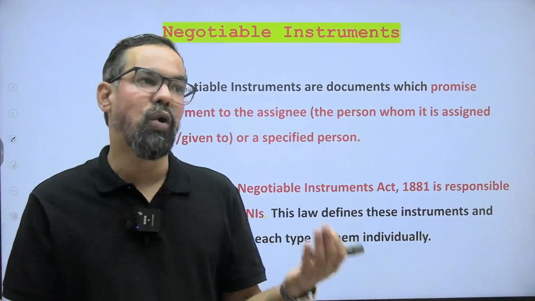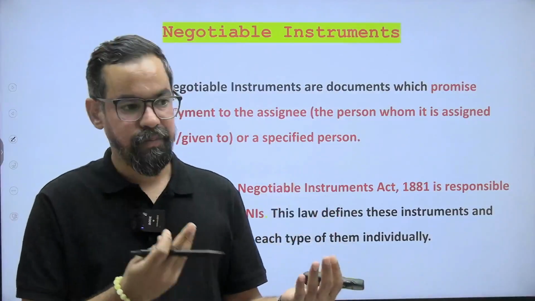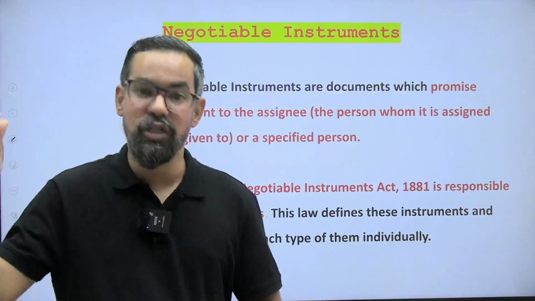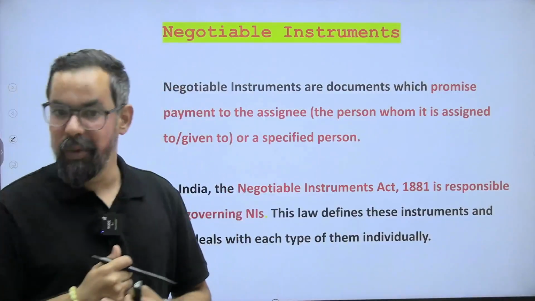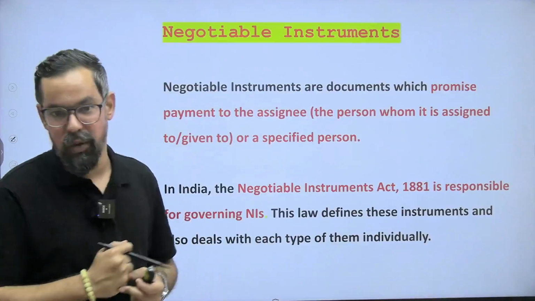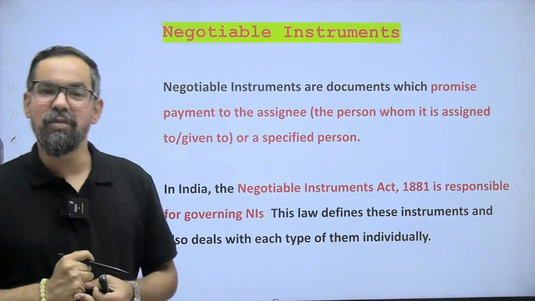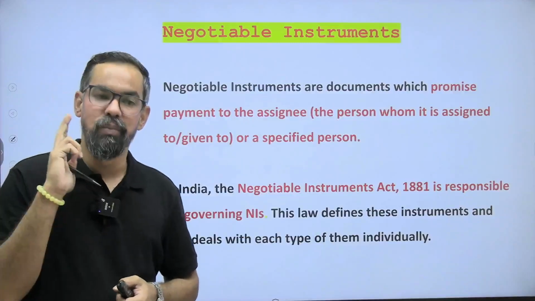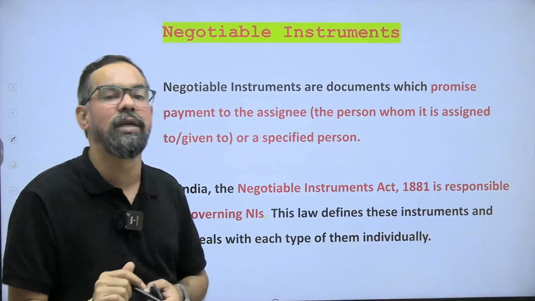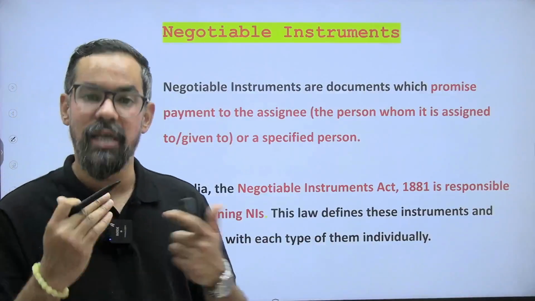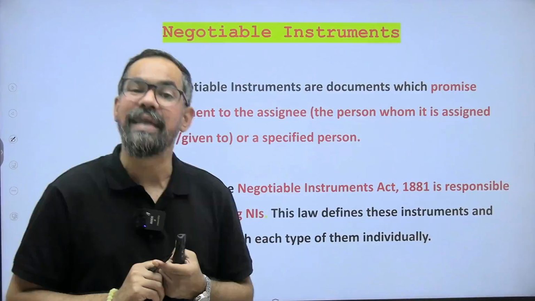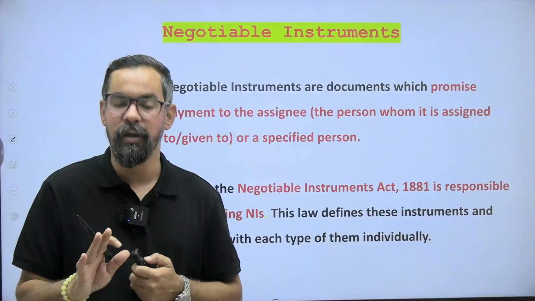Either you can go with online payments or cash, or if that payment is at a future date, you can do that particular transaction by using these negotiable instruments, right? When it comes to the credit instrument, we have majorly two: bill of exchange, which is drawn by the creditor, means the seller, and promissory note, which is drawn by the debtor, which is the buyer in that particular case, right?